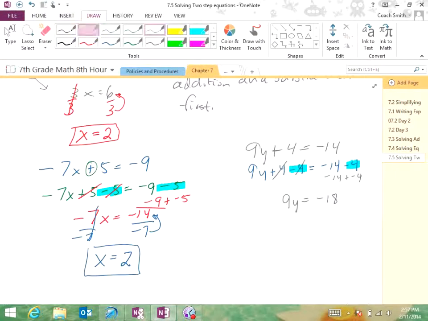Okay, then we divide by 9 on both sides. Cancels over here, leaving me with y, and that gives me y is equal to negative 2.